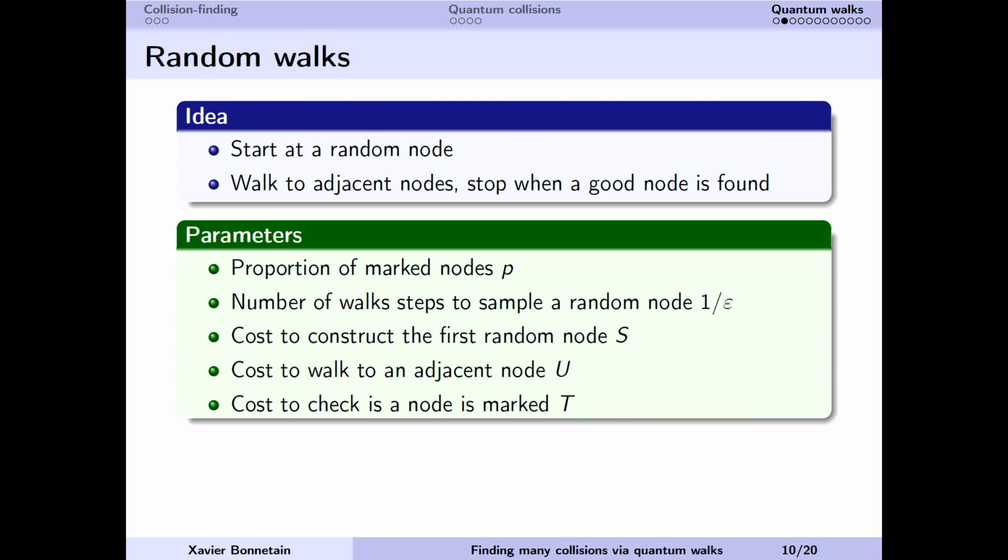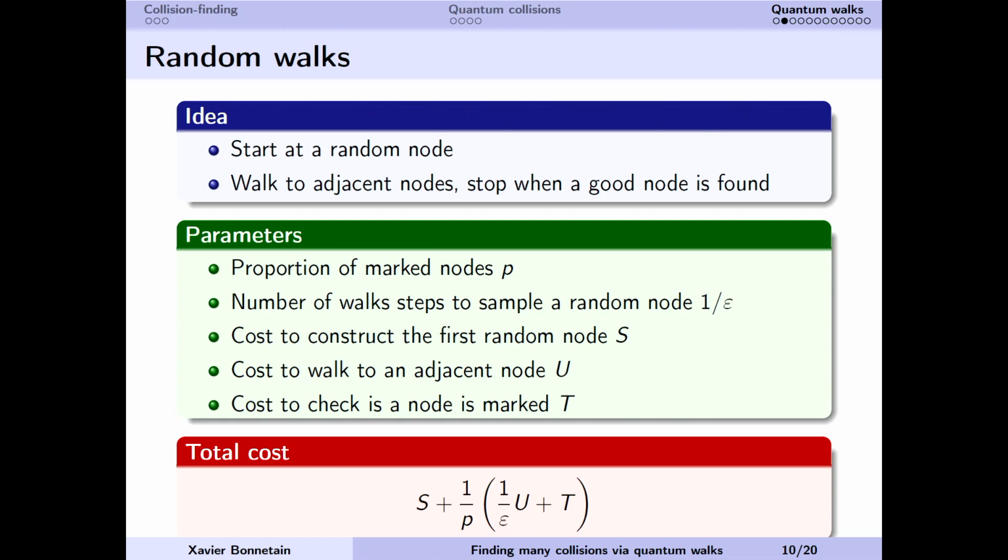From that, we can construct an algorithm which is: start with a random node, this will cost us S, and then we repeat 1/p times a walk from the node we are at, 1/epsilon times, to arrive at another random node, plus a test to check if this new node we've obtained is marked. And so we obtain this complexity that's here.